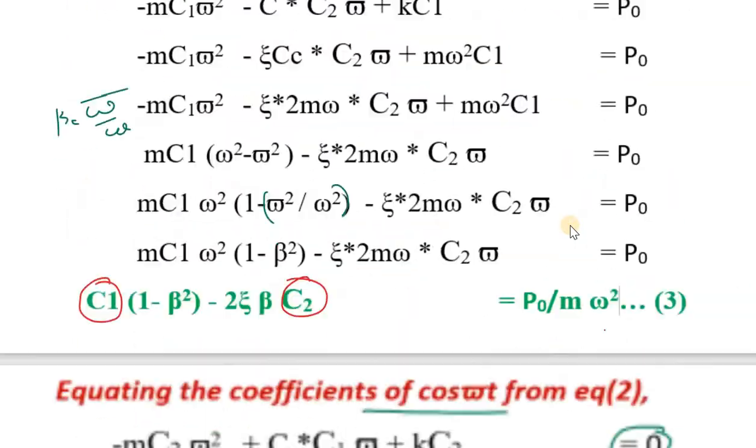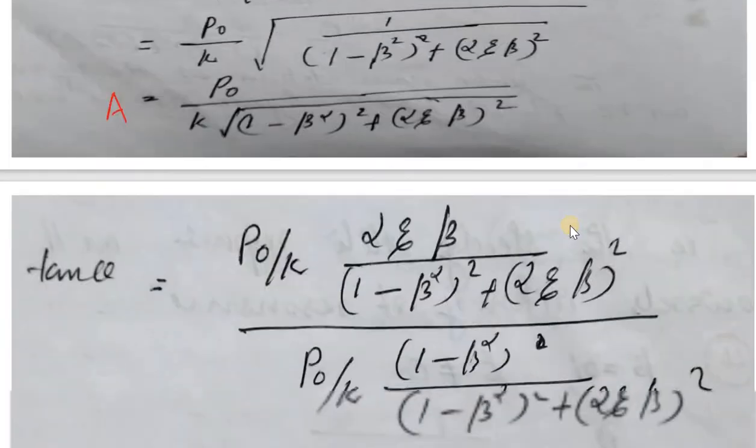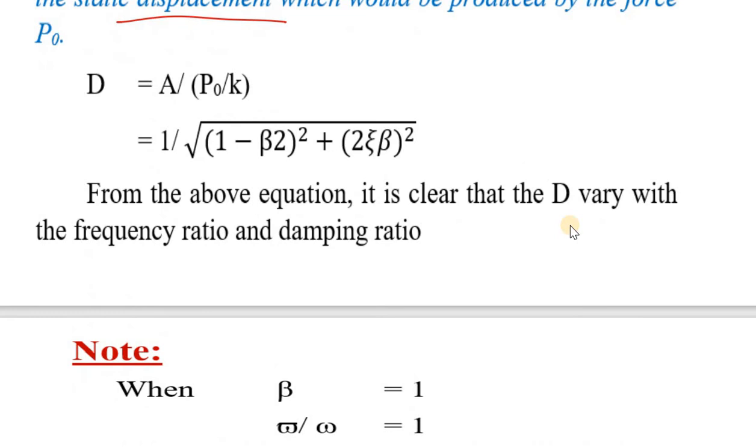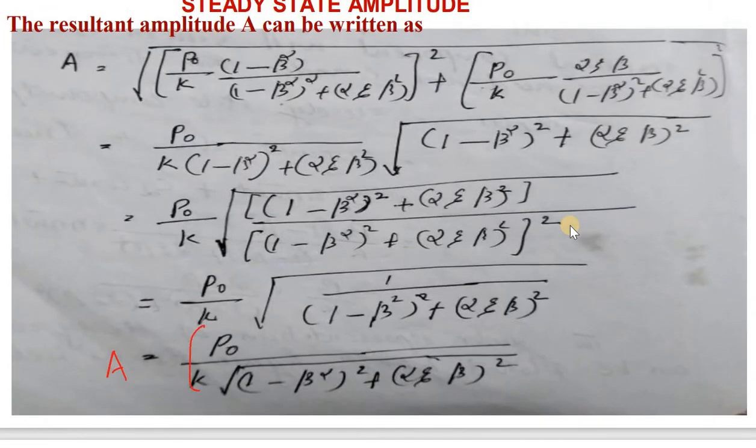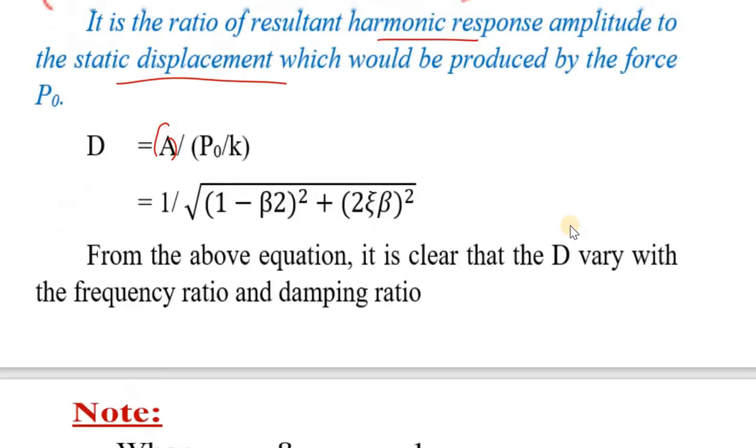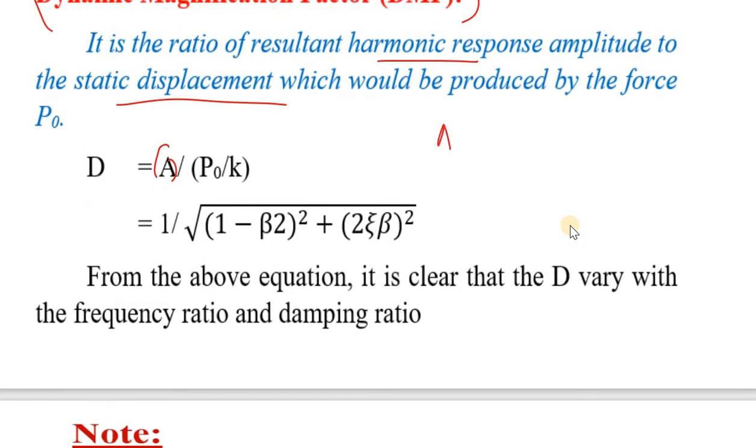Now in the damped case, it will be like this: A by P0 by K. A is the amplitude due to our main vibration. What is A? We found it out here. I am just writing what A is. A is this dynamic amplitude.